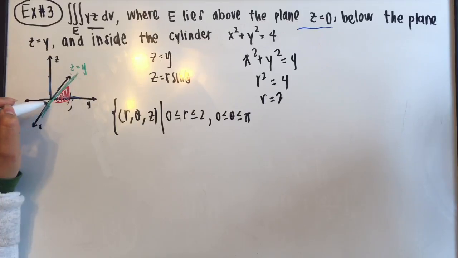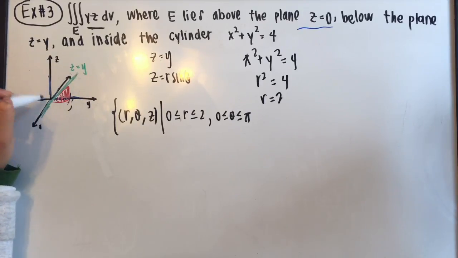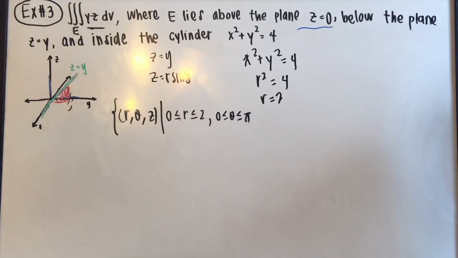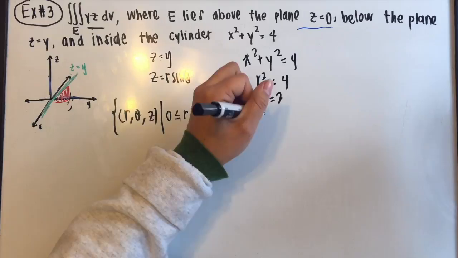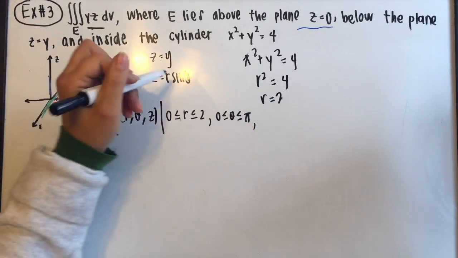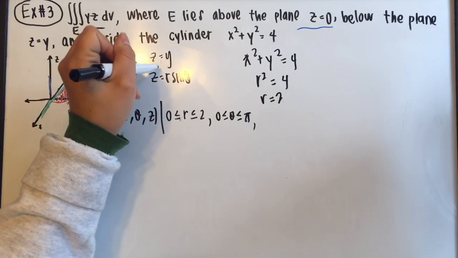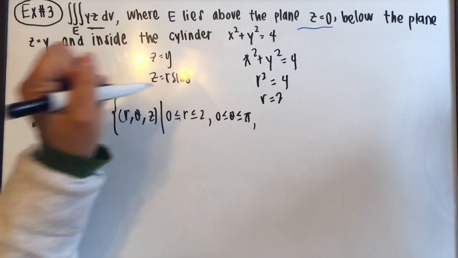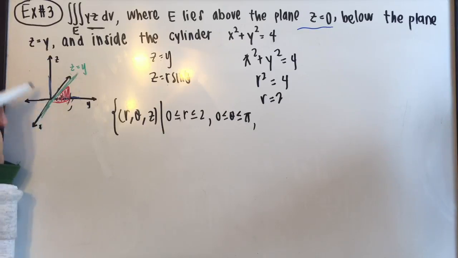That's different from other problems where we have a cylinder with both sides. It's only this side now. So it's going to make you think, and you're going to realize that it's now from 0 to pi. Having that, our z is from 0 to our plane, and our plane is y, but we changed it to polar coordinates, so it's r sine theta. So it's from 0 to r sine theta.